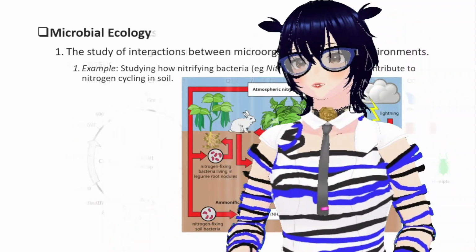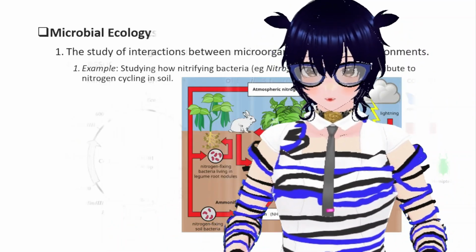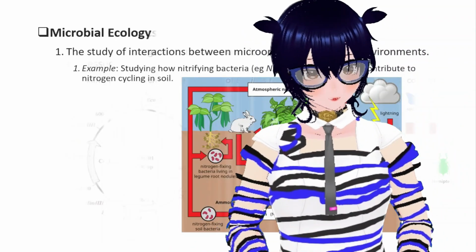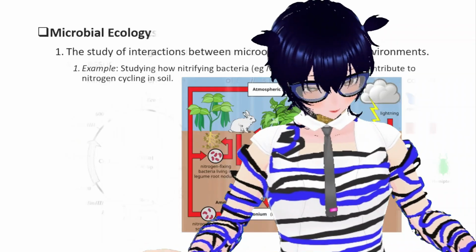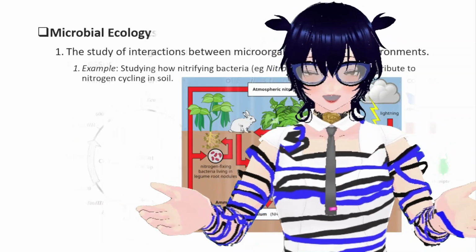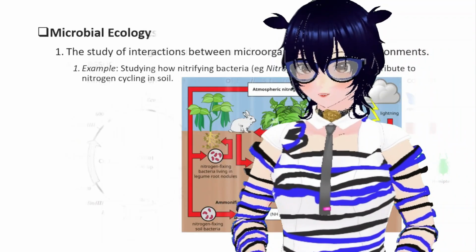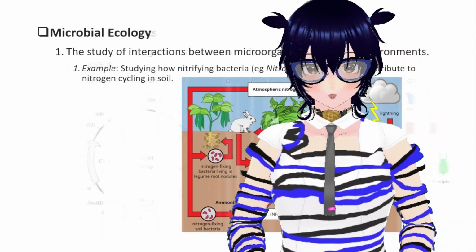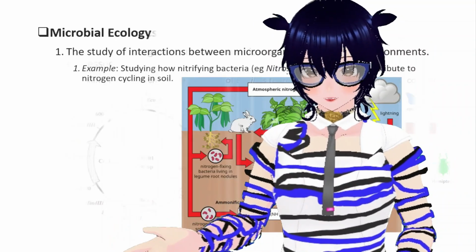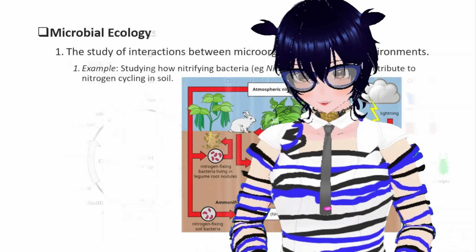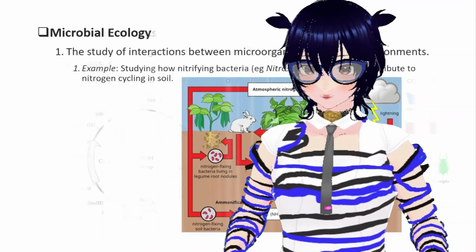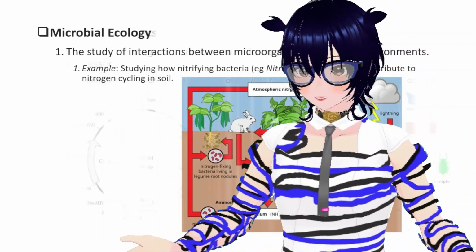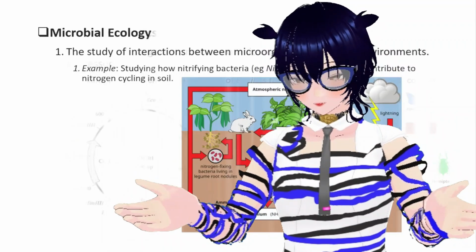So the following example is just about a bacteria, right? Nothing important, right? That's why we are studying microbiology. Anyway, it's a nitrifying bacteria, for example Nitrosomonas. To talk about nitrifying bacteria, we have to know about the nitrogen cycle. The diagram shows that nitrogen exists in two or three forms: atmospheric nitrogen, the gaseous form; then ammonia, NH3; then nitrates and nitrites, which are a usable form of nitrogen.